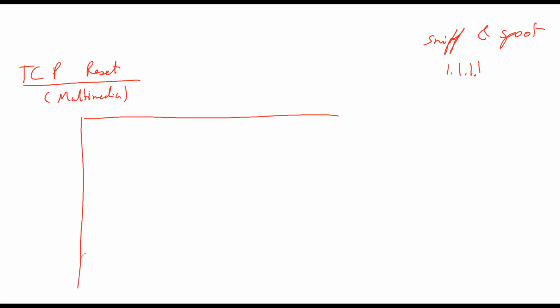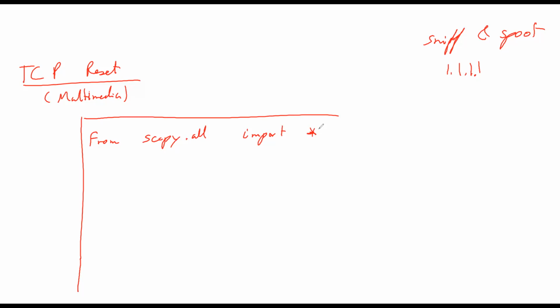This is, again, sniff and spoof. By now this should be clear in your minds. So you do from scapy.all import all. Same thing as before, nothing has changed there.